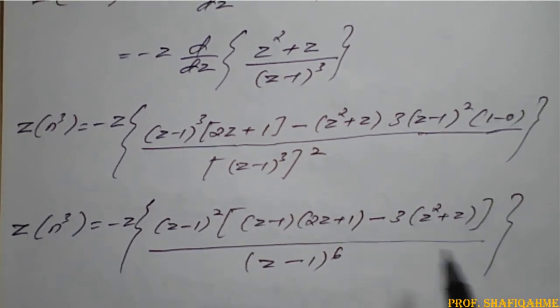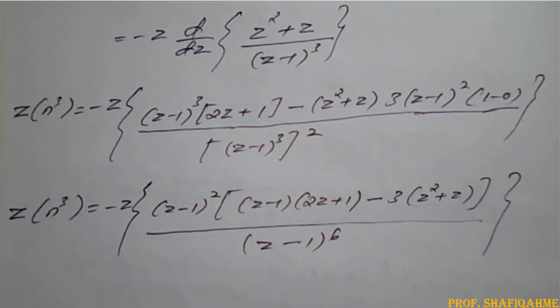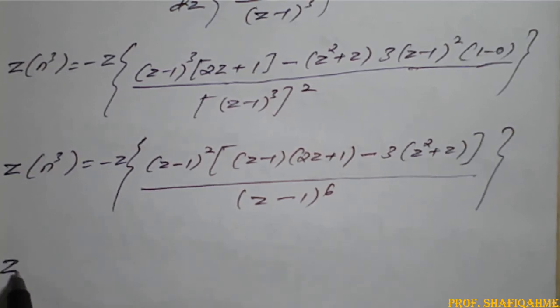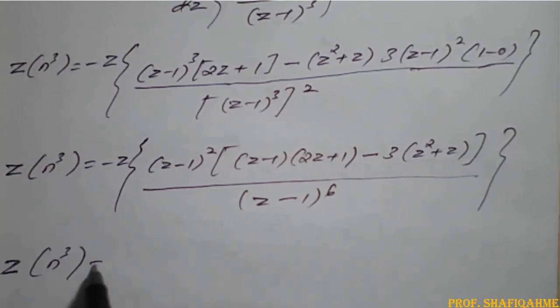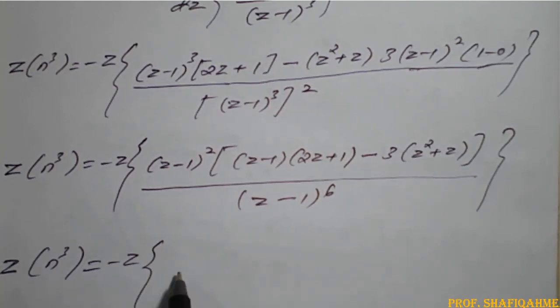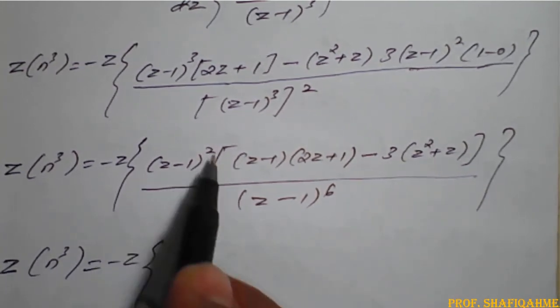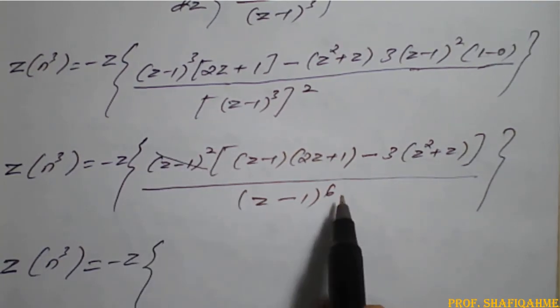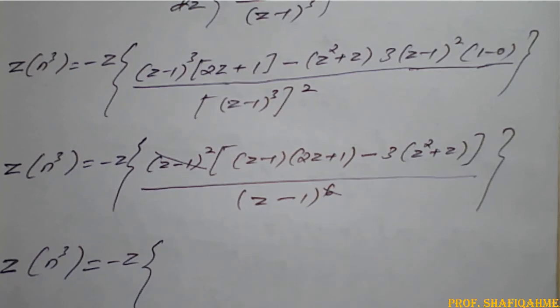So therefore on simplification, z transform of n cube is equal to minus z. So this z minus 1 whole square and z minus 1 whole raised to 6, these completely cancel among these two.